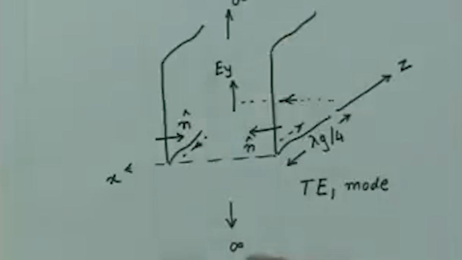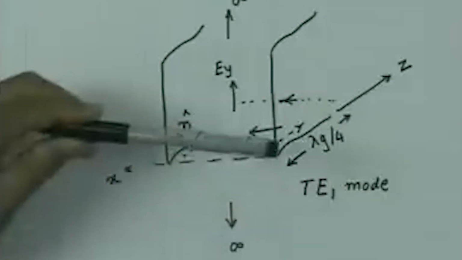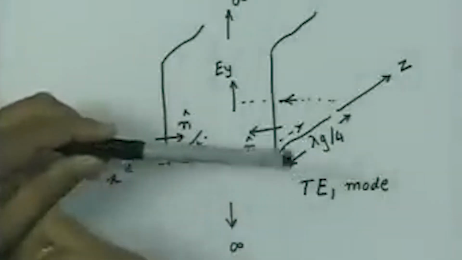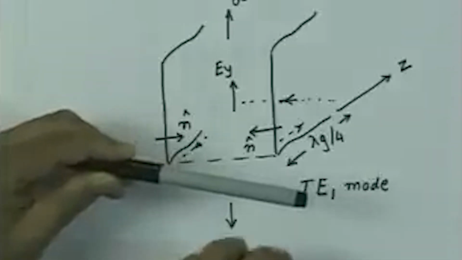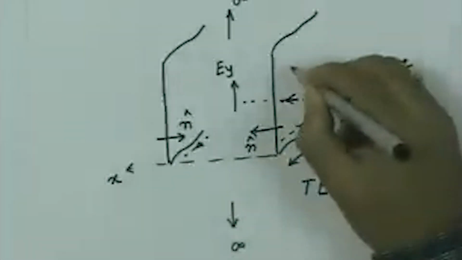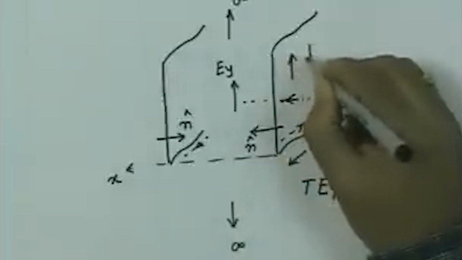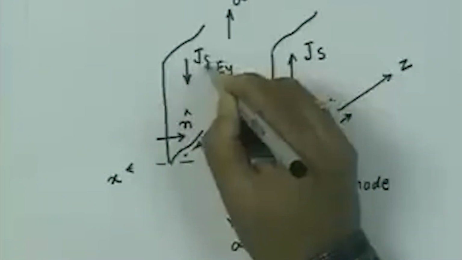So, we have now the surface current which flows into this. So, if I take again, this is my unit vector, this is my magnetic field which is like that. I take n cross h, which will be going from this to this. I get the direction of the current, which will be surface current, which will be like this. This is Js.